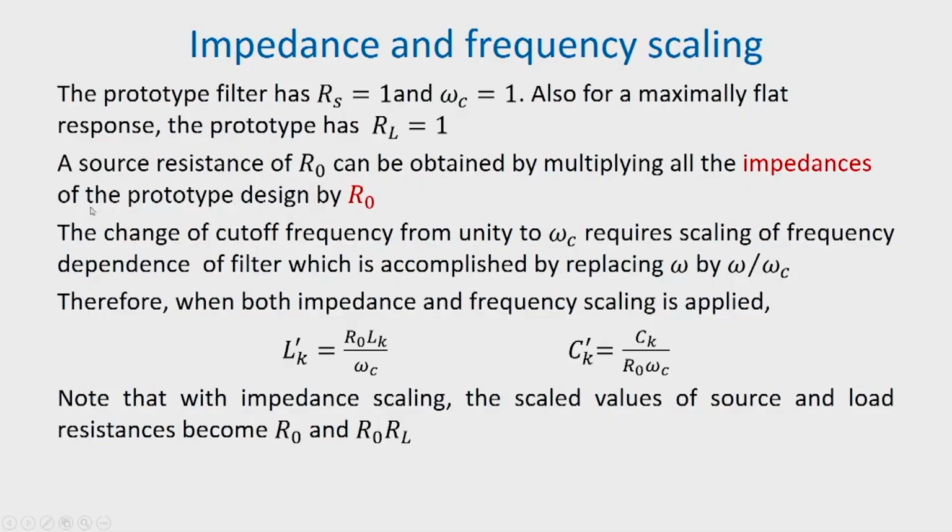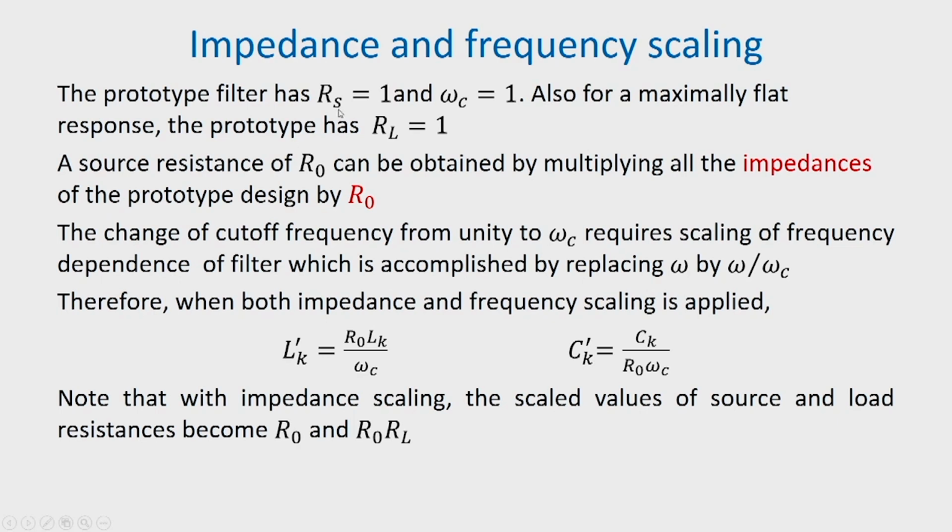Please note that this L and C will provide impedance values omega L and 1 by omega C, and if we multiply the impedance values provided by the elements in the prototype design by R naught, then essentially we get the solution for those inductors and capacitors when the source resistance is R naught instead of 1. But still our cutoff frequency is 1.